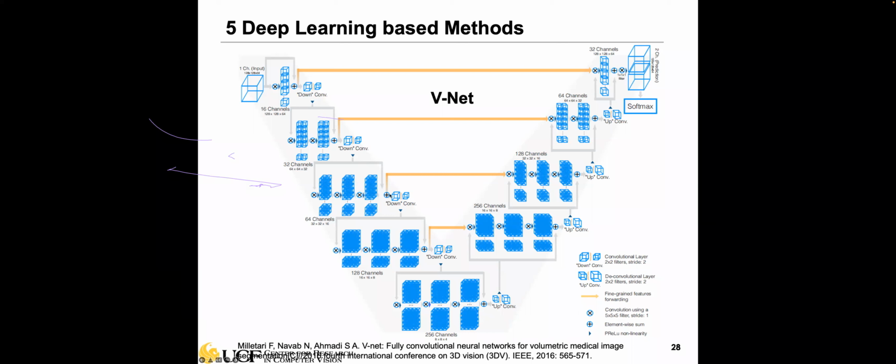This is the residual connection. This is the design they put in this VNet, but overall it is very similar to 3D UNet. It is just some improvement over 3D UNet, but they are trying to distinguish it from the UNet, so they draw it in this V shape and come up with the VNet name.